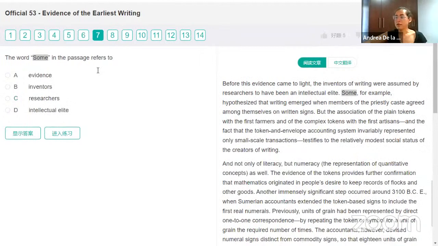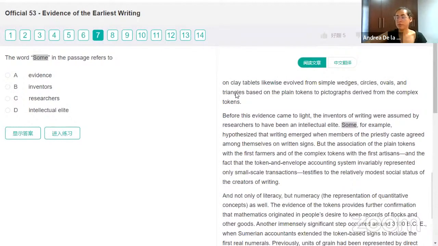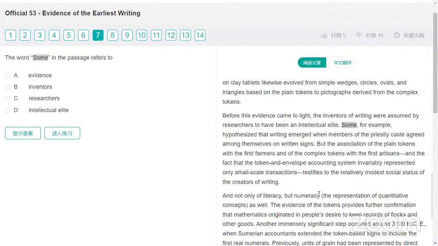The word some in the passage refers to, is a reference question. Researchers.